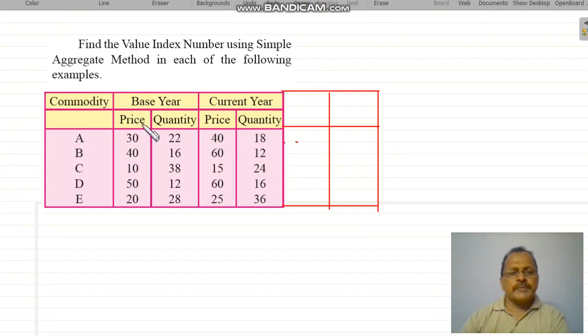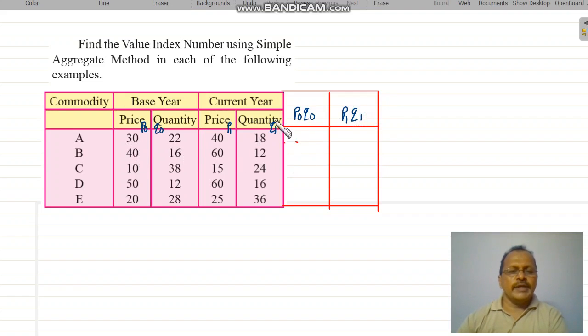The base year prices, I am going to denote it by P0. Base year quantities, they are denoted by Q0. Current year price denoted by P1 and current year quantity denoted by Q1. So first column is P0 into Q0. Second column is P1 into Q1.